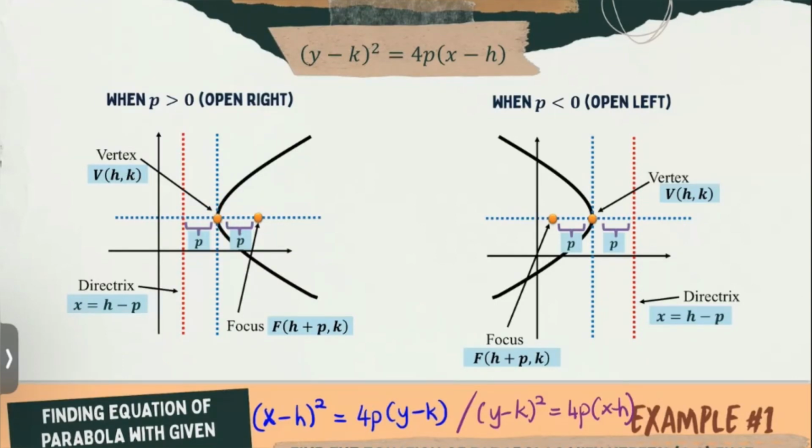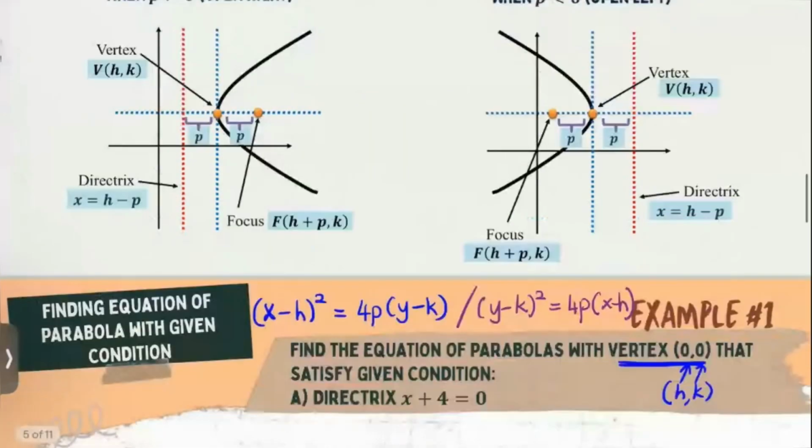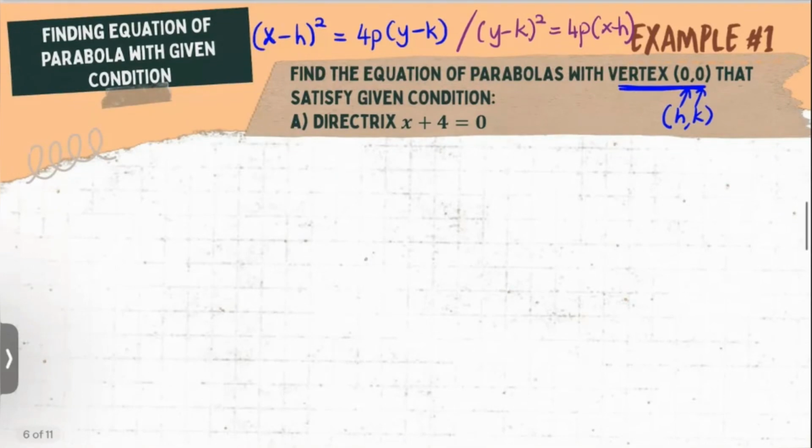Okay, and then fokus dengan directrix ni dia bergantung kepada value of P lah. So kalau dia open to the right, kita akan tambahkan koordinat X dengan P untuk dapatkan our focus. Dan kalau dia open to the left, kita akan tolakkan dengan P untuk dapatkan our focus. Okay, so kamu kena tahu dia open left atau right dahulu.